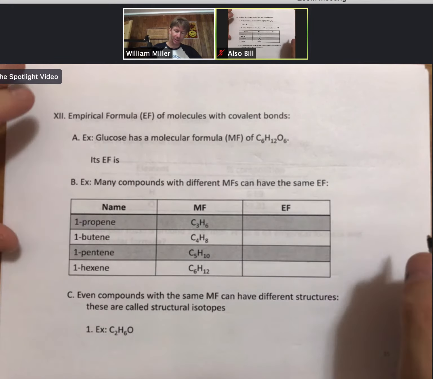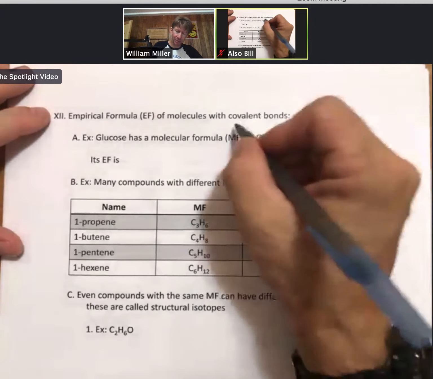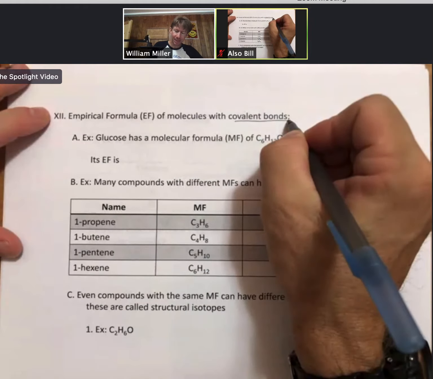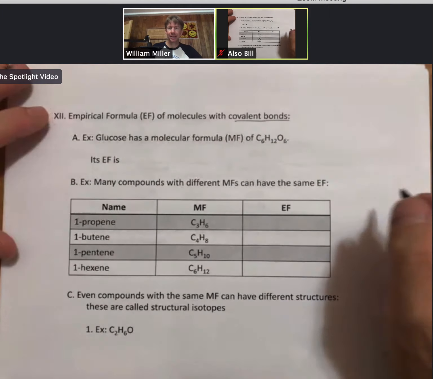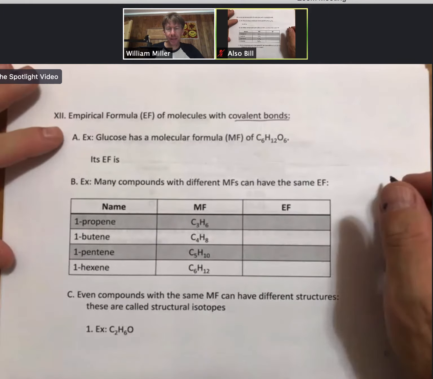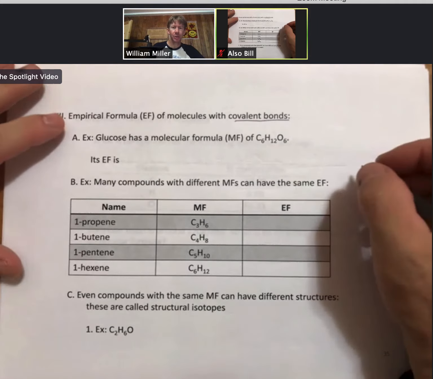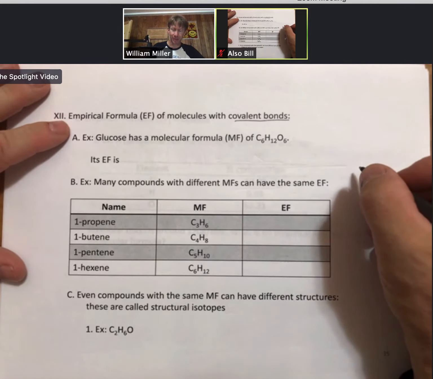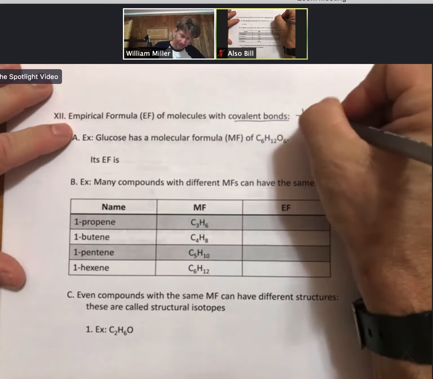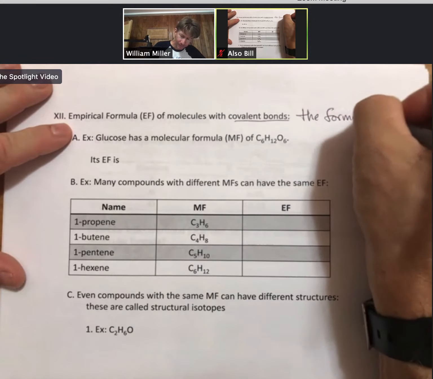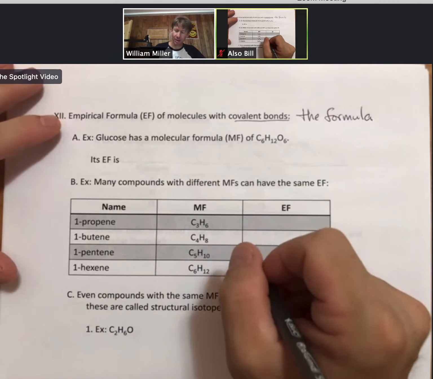The empirical formula of molecules, and these are going to be with covalent bonds, as we will see, is the formula with the smallest whole numbers possible.